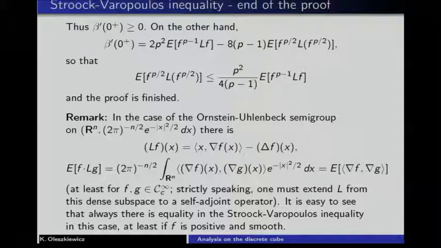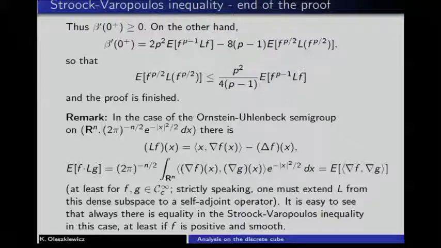So this inequality can't be reversed, right, with some other factor of p? Like, I mean, the right-hand side can actually be arbitrarily large compared to the left-hand side. Yes, for some functions, the right-hand side may be much worse than the left-hand side on the discrete cube.